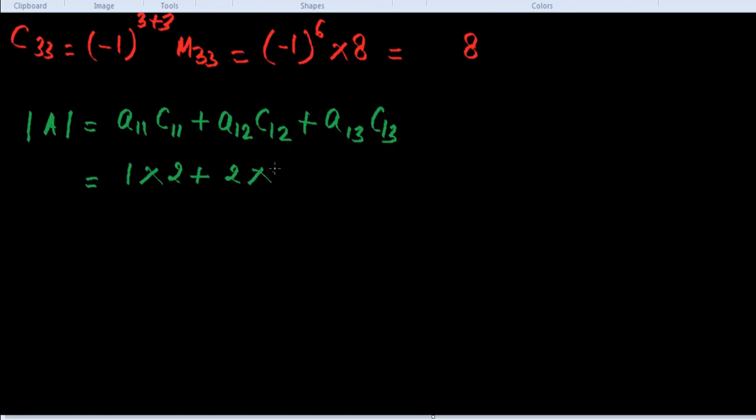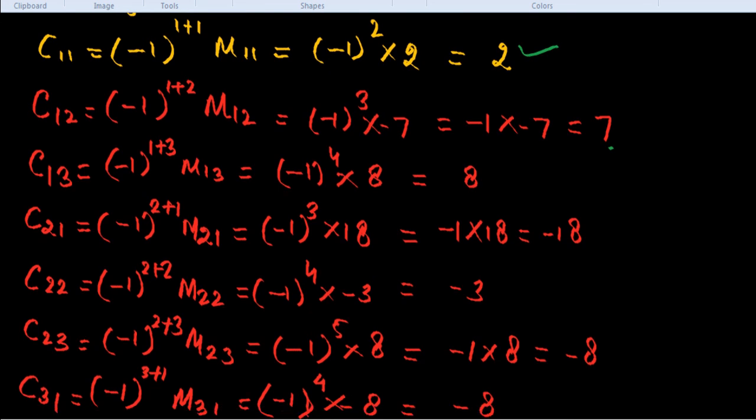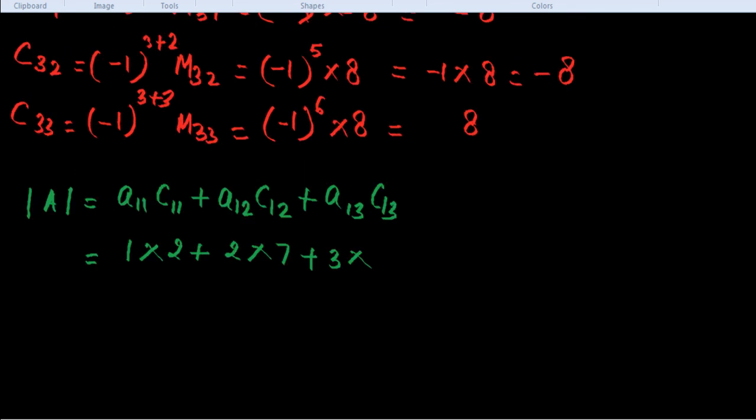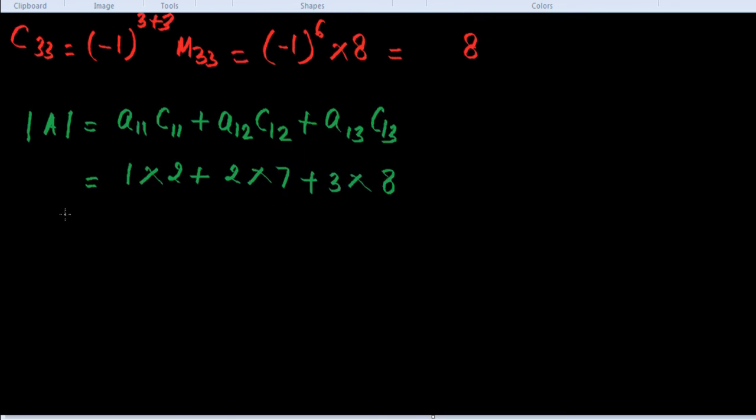We have to put here 7. A13 is 3 and C13 is 8. So we get 2 plus 14 plus 24, so you get here 40.